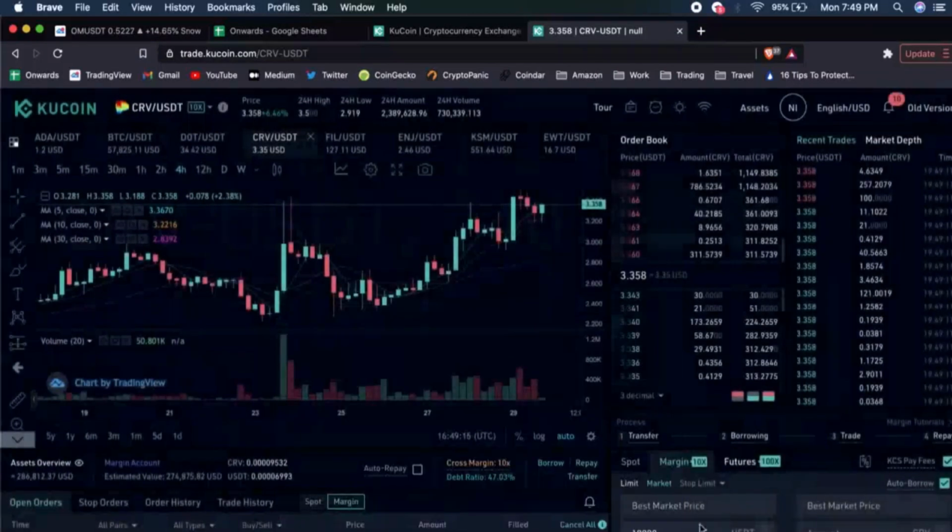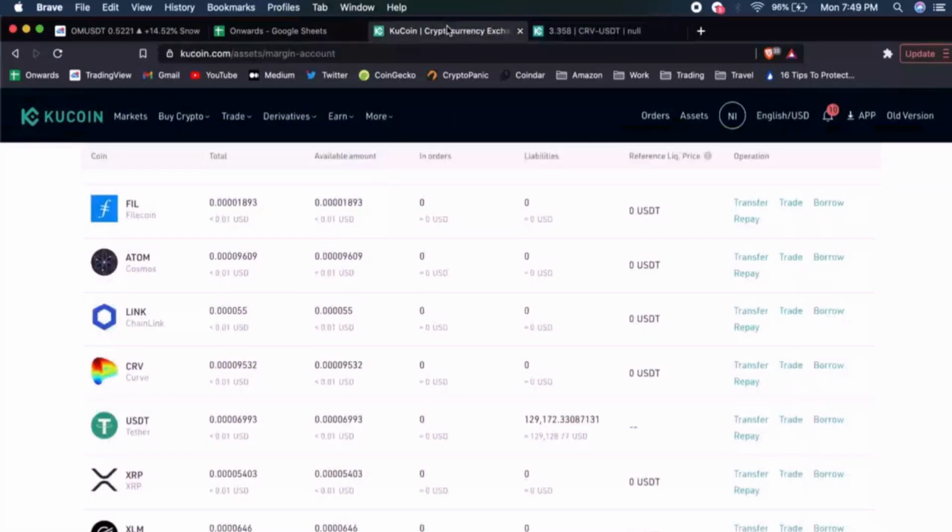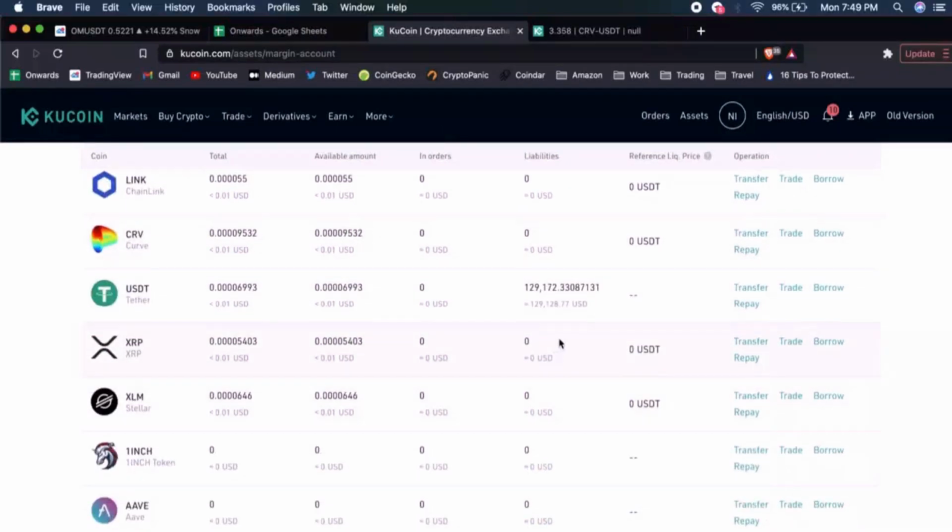Because you're opening a 10 times position. That means 1,000 times 10 is 10,000. I want a $10,000 position. It's going to use 1,000 of my USDT that needs to be in my account, and it's going to borrow 9,000 to open this $10,000 USDT position on Curve, right? And then my liabilities would be 9,000. It's what I owe, right?